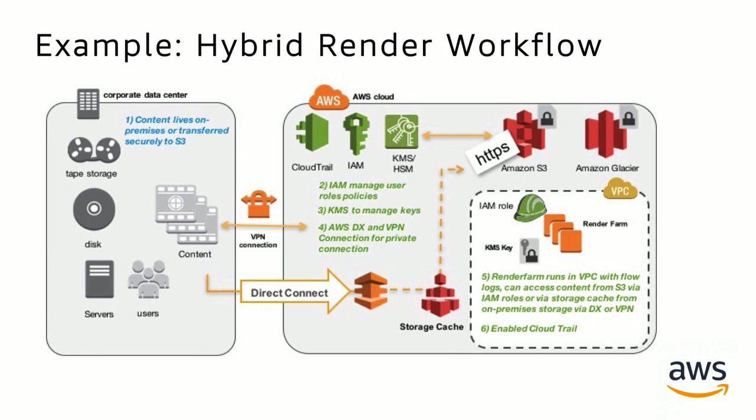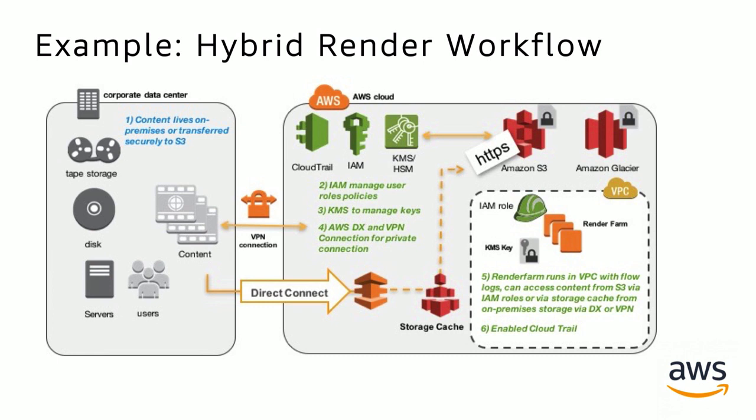Hybrid render workflow. So this is more like a decorated form of the very first slide that I showed, which was a hybrid render workflow, right? In this case, again, you've got your on-prem with the Direct Connect. You are pushing content into the cloud, and whether that sits in S3 or any kind of shared file system like EFS or anything else with a partner ecosystem that we have, you can use assume role on your render nodes to read or write assets within AWS.